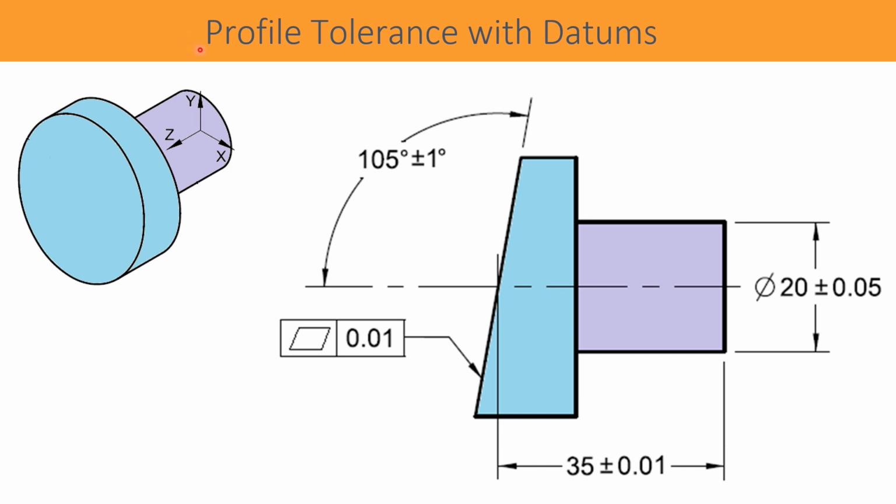Suppose we want to maintain the inclined surface for location and orientation within the tolerance zone of 0.05, and it would be without the profile control applied. How would it be then? In this case, a designer needs to provide location and orientation tolerances separately to the linear dimension 35 and angular dimension 105 degrees.